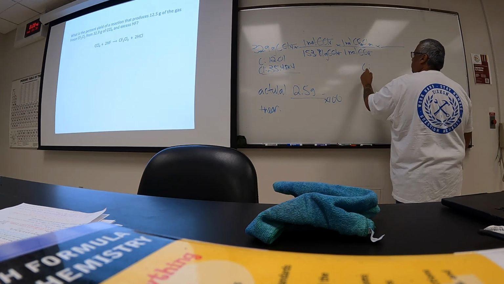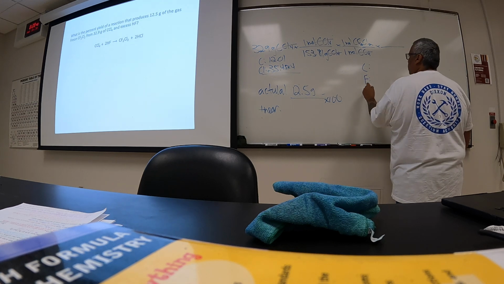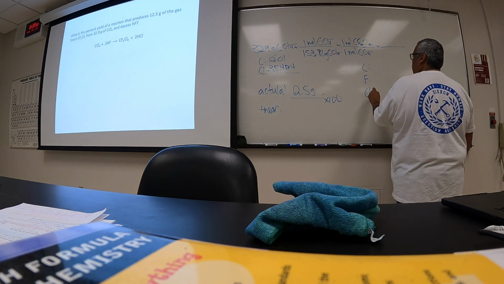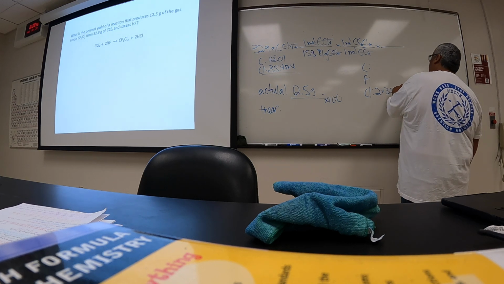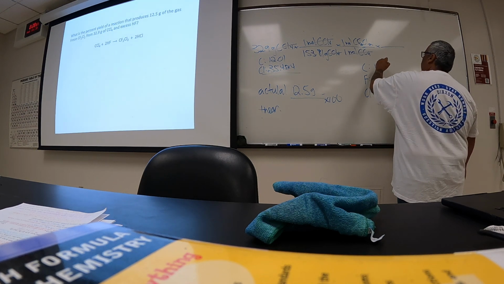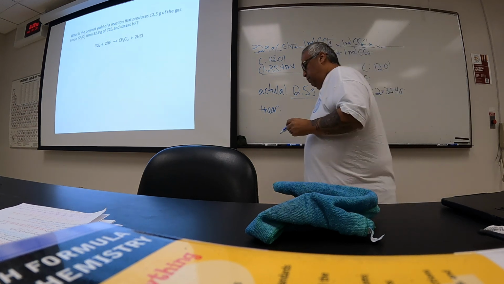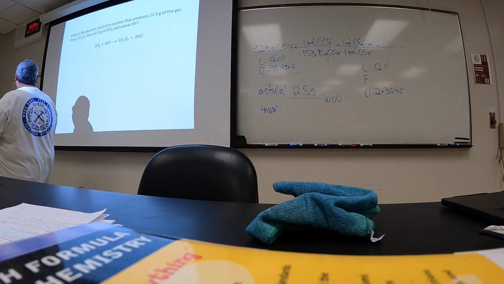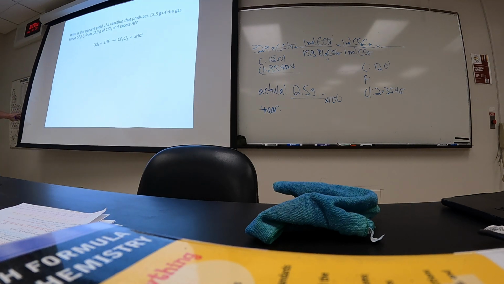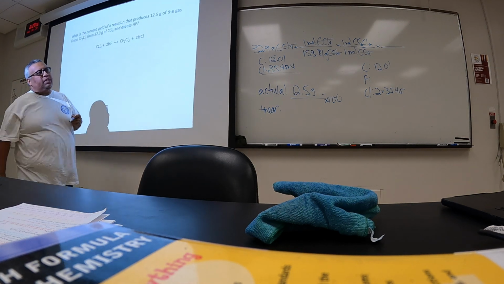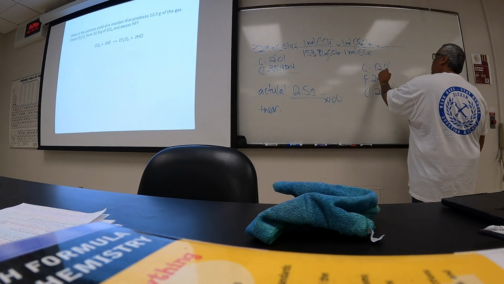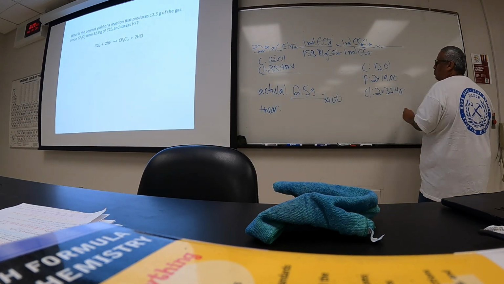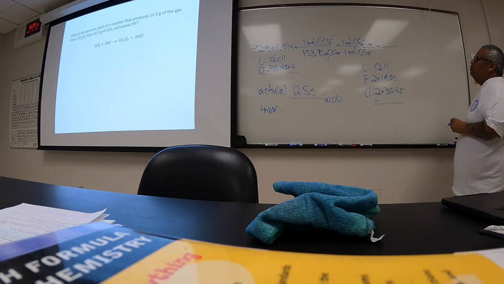We have carbon, fluorine, chlorine. It's going to be 2 times 35.45. This is 12.01. Fluorine, we'll just say 19.00. So what is the mass of that?